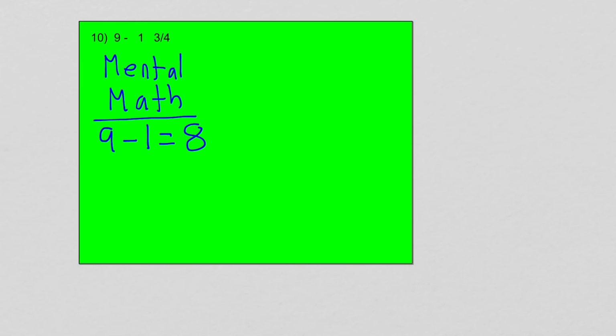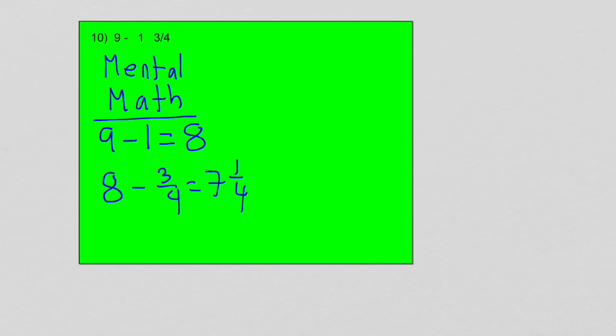And then I still have to take away 3/4. So 8 take away 3 over 4 is just going to be 7 and 1 over 4. Because if I add 3/4 onto 1/4, I will get 1 whole, and that will make 8. And then if I add 1 back onto 8, that will give me 9.